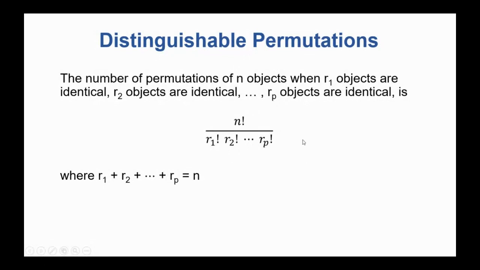This you cannot do in your calculator. You can do the factorials, but you can't just put in the n and the r and boom, there's your answer. You've got to do a little bit more work on it.